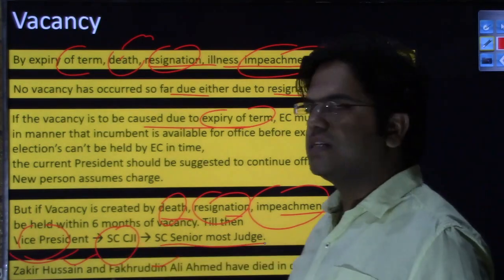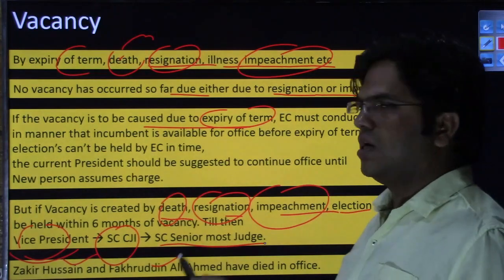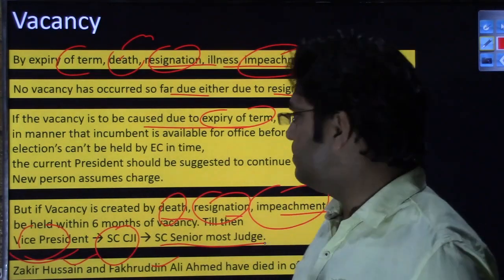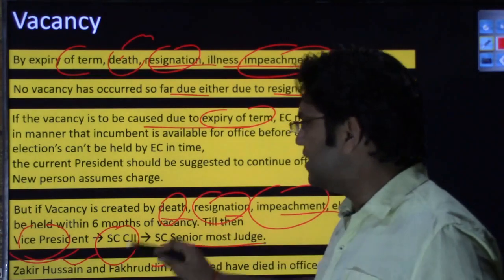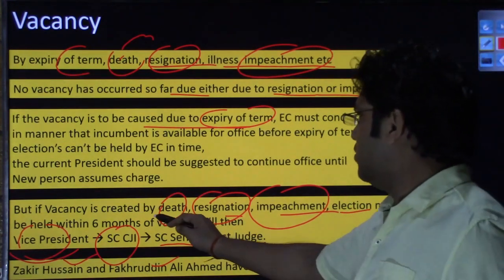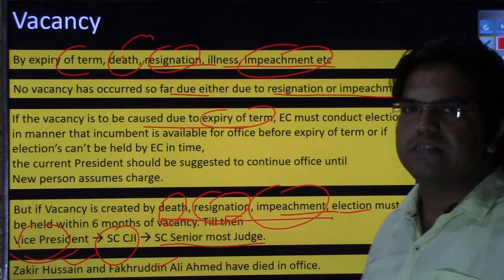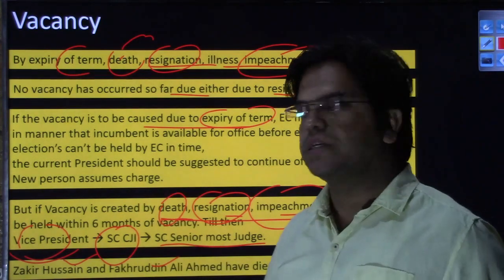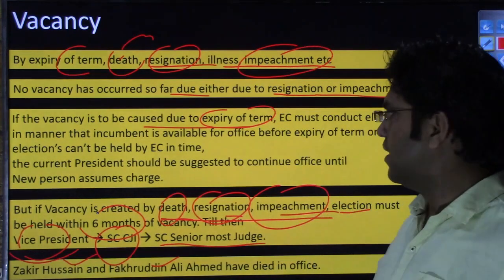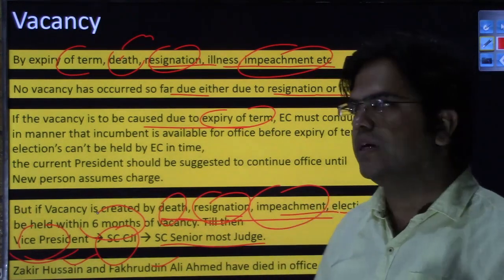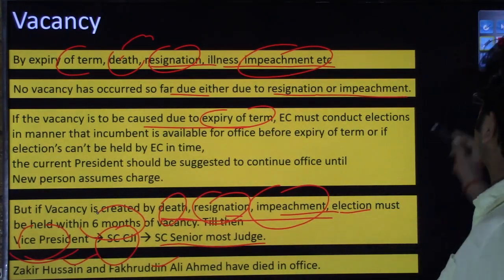So this is the sequence in which these constitutional functionaries may assume the charge of the president's office if it has been vacated due to any of these reasons. And in the meantime, the Election Commission must ensure that within 6 months of the vacancy created, it has to conduct the election, right. So I hope this vacancy would also be clear to you.